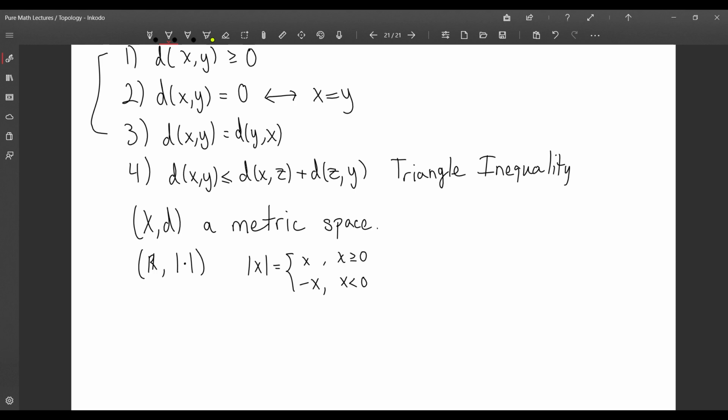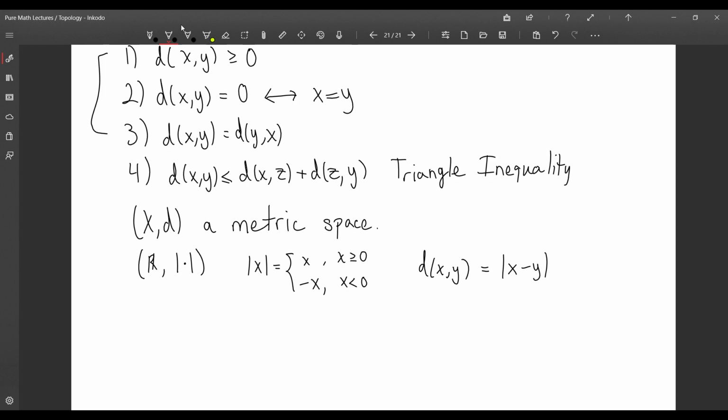So you can see right away that it's always positive. It's only going to be 0 when x is 0. Technically the metric here, d of x,y, is the absolute value of x minus y. I should specify.